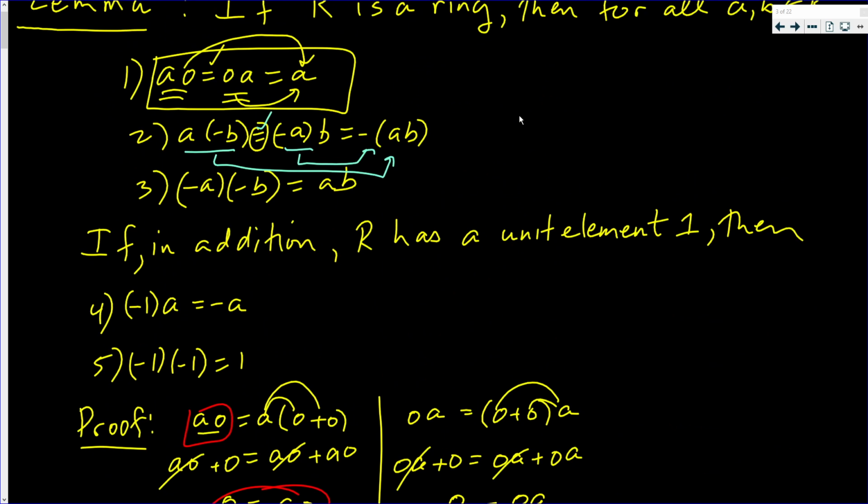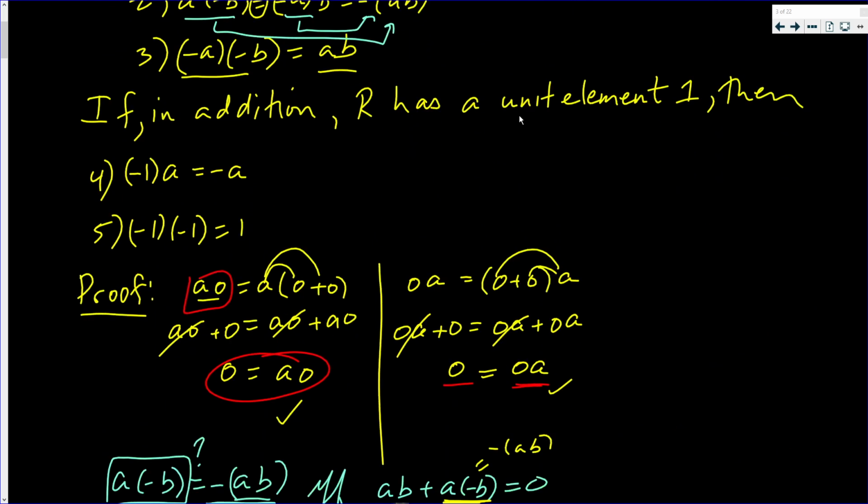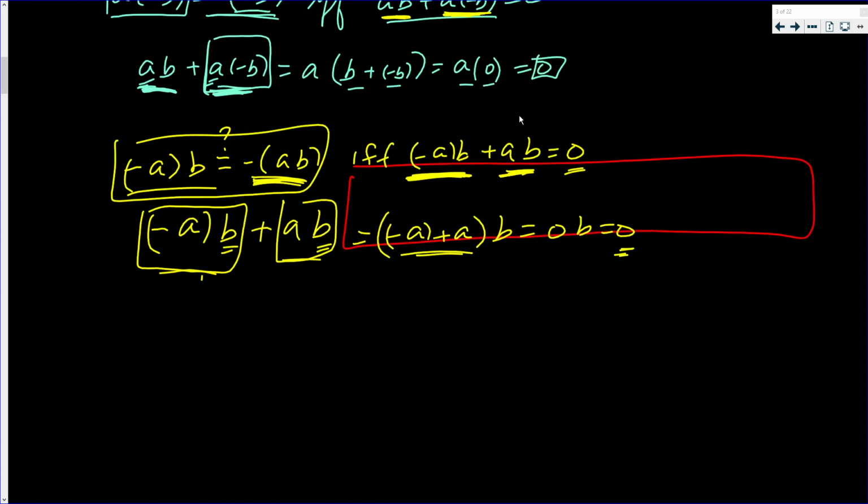Okay, so here we have negative a times negative b is ab. Well, negative a times negative b. We just learned that if you have negative a times any element x, this is negative ax. That's just what we proved. It's right here.